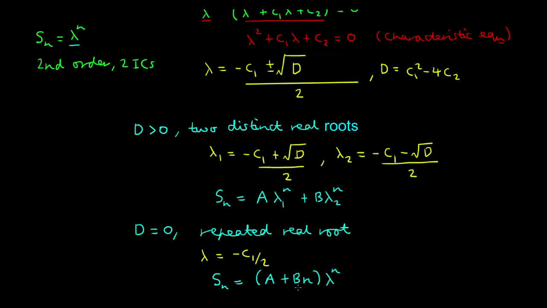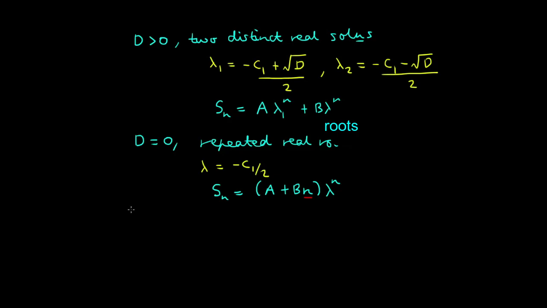And here we superimpose 2 solutions of this form, where the second one is multiplied by n, because otherwise you'd have a constant by lambda to the n and you'd only need 1 initial condition. So this is the correct form of the solution for this case.